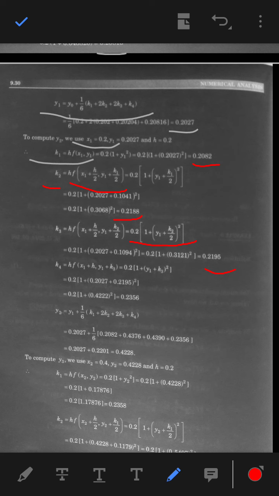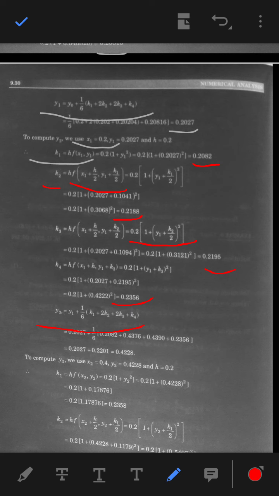Again we will find the value of k4, and the value of k4 is h into f of x1 plus h, y1 plus k3, and the value of k4 comes out to be 0.2356. And finally our second approximation will be y2 is equal to y1 plus 1 by 6, k1 plus 2k2 plus 2k3 plus k4, and we have found all these values.